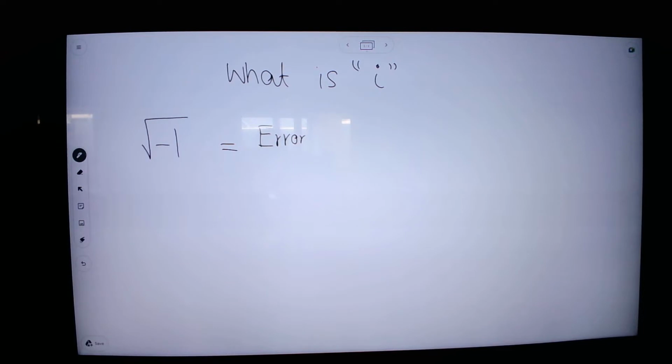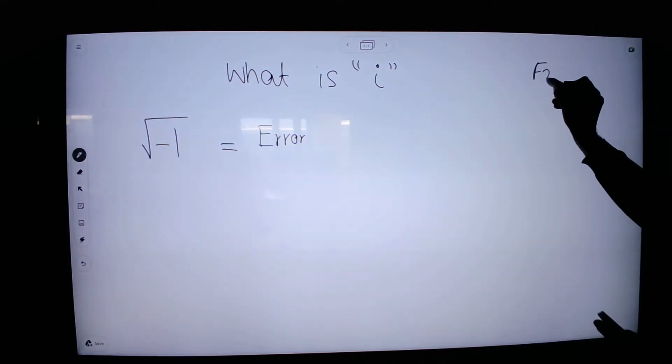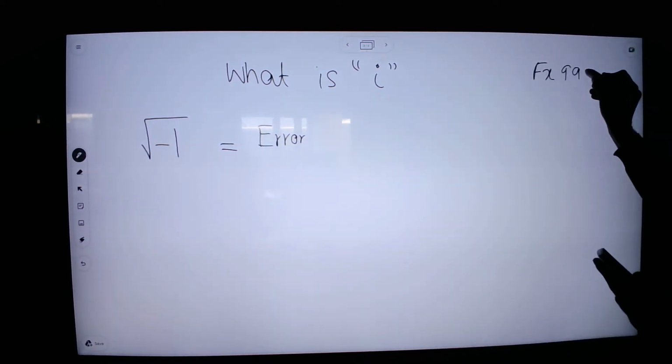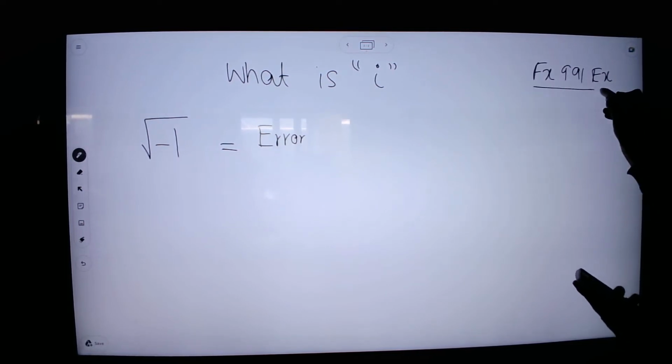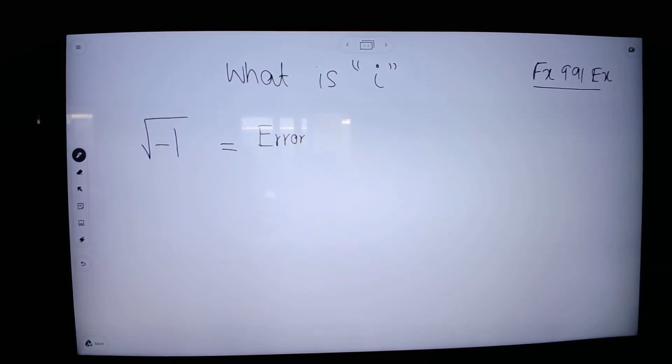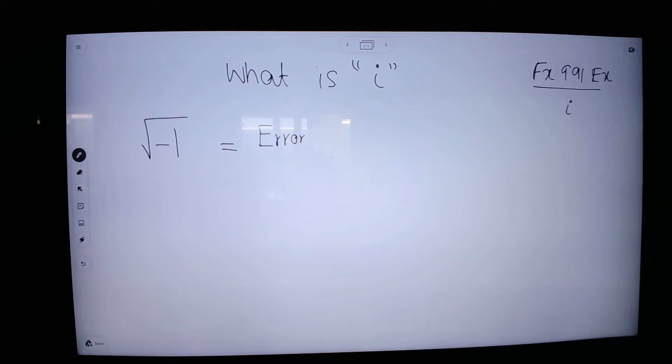Just to give you an example, the calculator I'm using is the fx-991 EX ClassWiz. On this calculator, if you press the menu and then press number 2, a tiny I will appear at the very top.